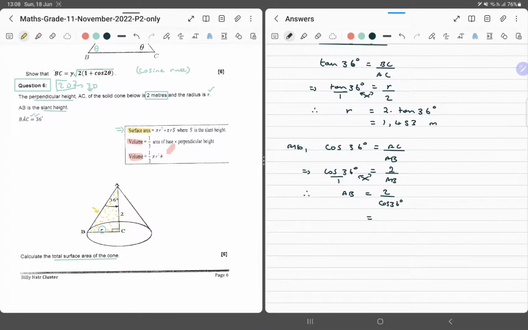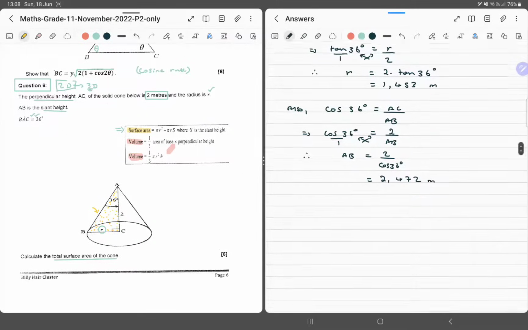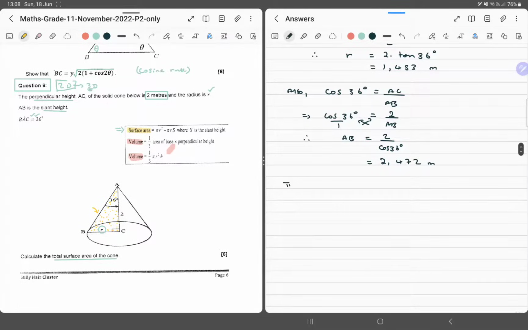So 2 divided by cos 36 is basically 2.472. Okay, you don't want to round off too soon, so you take a bit of time. Now that we've got this, we can see that the surface area of the cone is going to be equal to pi r squared plus pi rs.